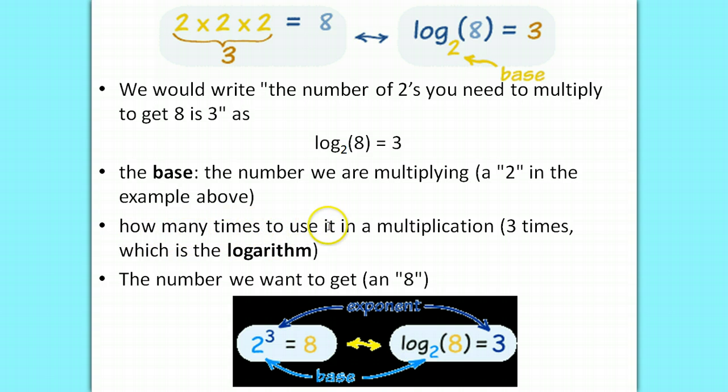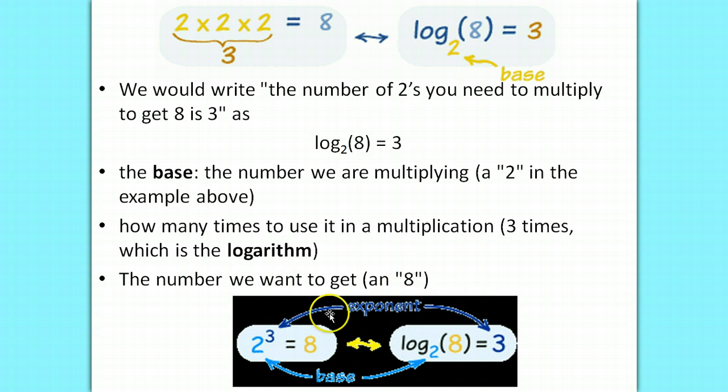And then how many times you use it in a multiplication, in this example, 3 times, that's your logarithm. So the answer is the logarithm, and that's really just the exponent on the number that you're multiplying. And then the number we want to get is an 8.